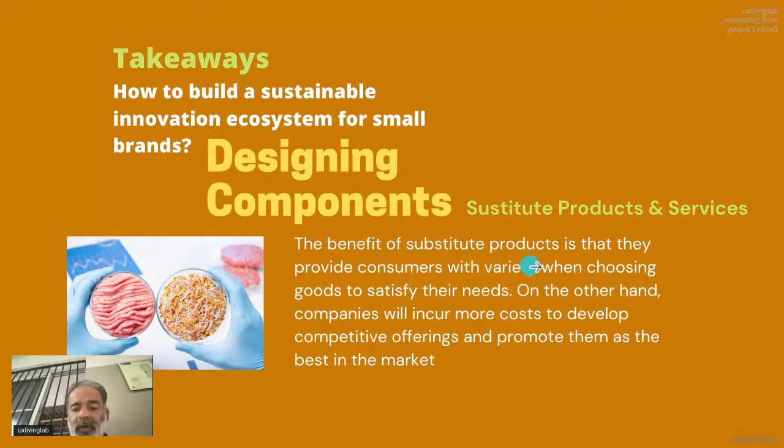The benefit of substitute products is that they provide consumers with variety when choosing goods to satisfy their needs. On the other hand, companies will incur more costs to develop competitive offerings and promote them as the best in the market. That is an advantage to the consumers.